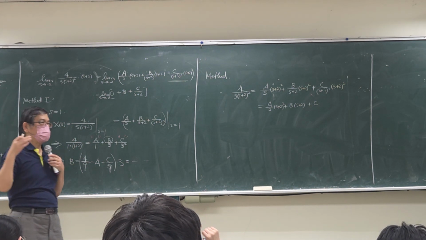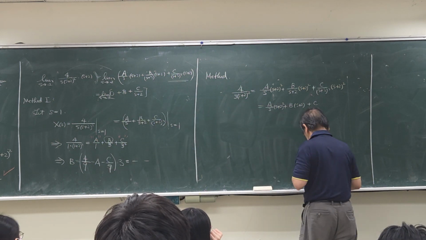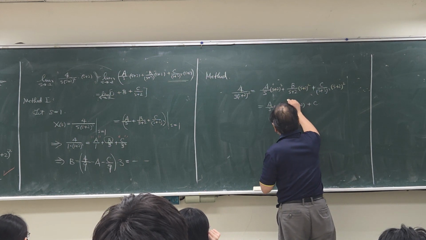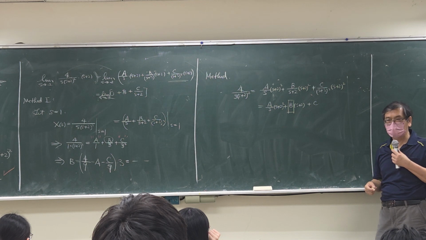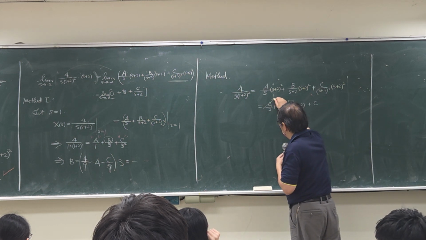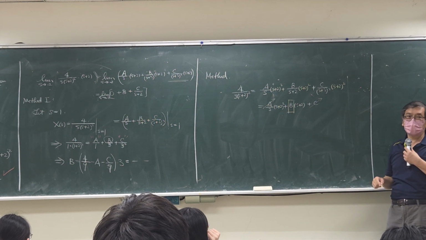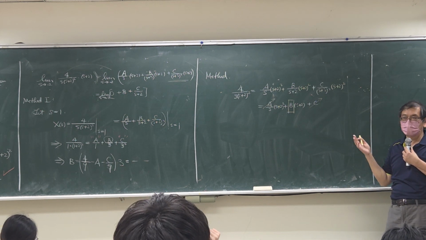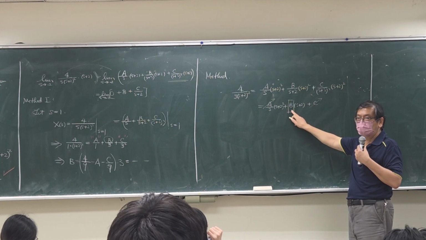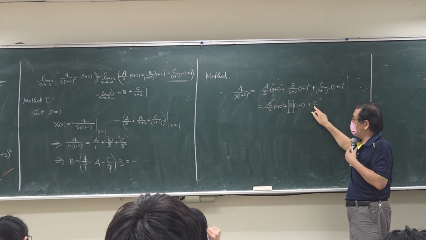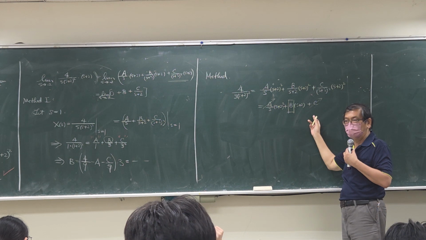Now think about this. Is there any method I can use to find the B coefficient, and in the meantime also get rid of A and C? What should I do? The idea is to find coefficient B, but we don't want A and C at the same time.